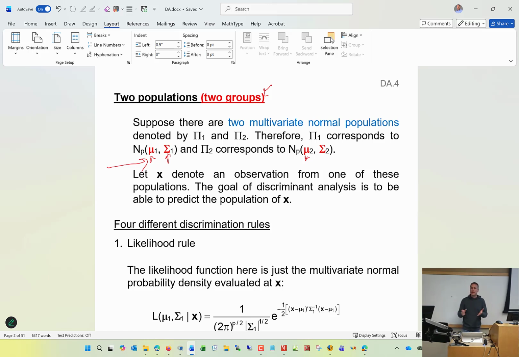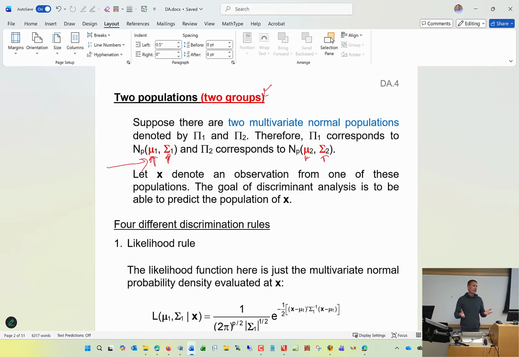So we have two populations or two groups. And to help us conceptualize this, suppose both of these populations can be characterized by a multivariate normal distribution, but different multivariate normal distributions. So they have potentially different means and different covariance matrices.